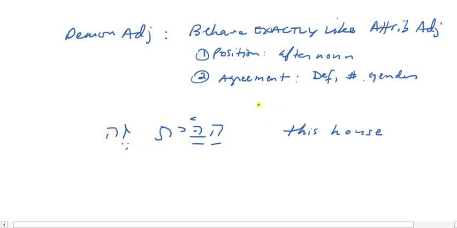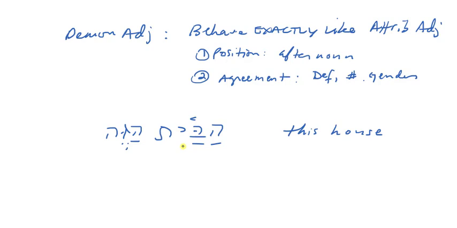And then I have to make it agree with house, not only in gender and number, but in definiteness. So if it's ha-bayit, it needs to be ha-zeh. Okay? So now I have ha-bayit, ha-zeh. Ha-bayit, ha-zeh. Literally, the house, the this.